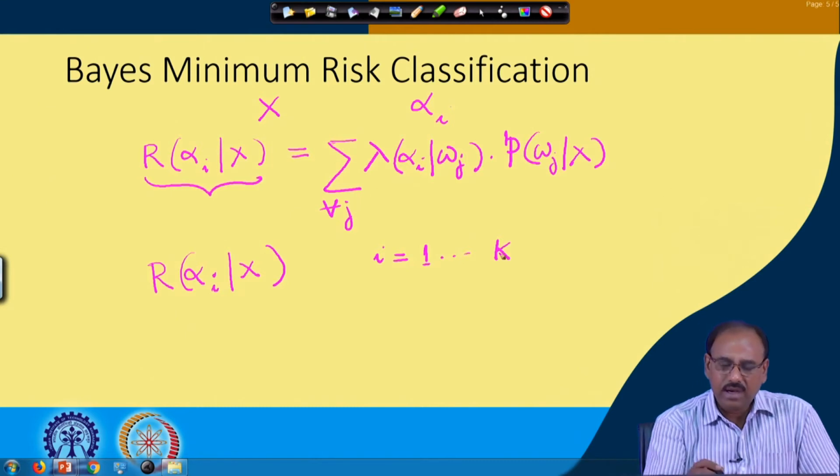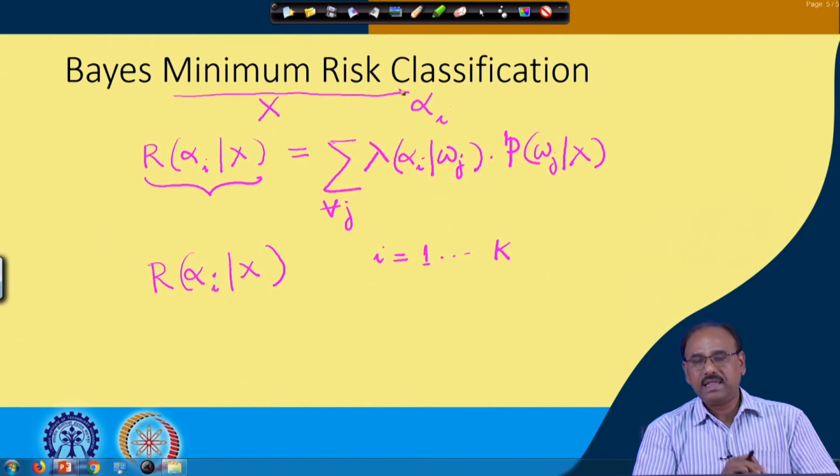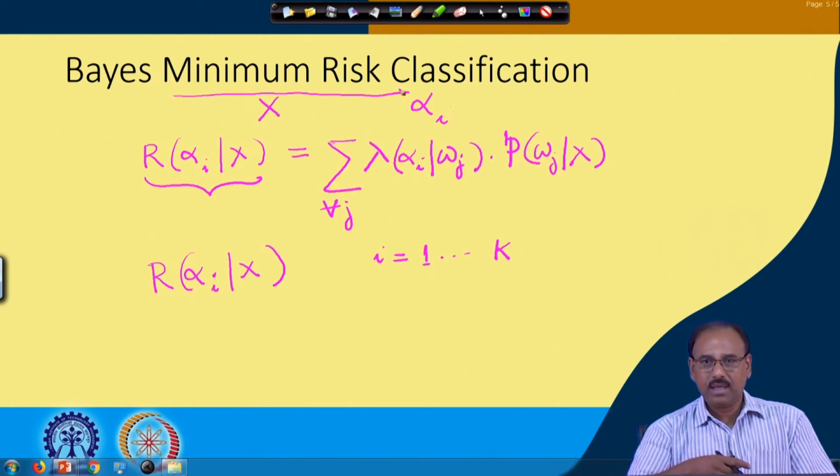So, that is why it is Bayes minimum risk classification. That is, I want to take that particular action for which my risk is minimum. Unlike in case of Bayes minimum error classification, there you decided x to belong to a particular class which minimized your error. So, now it is minimization of risk.